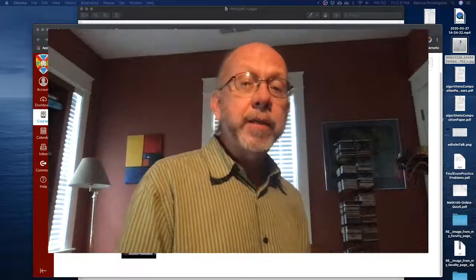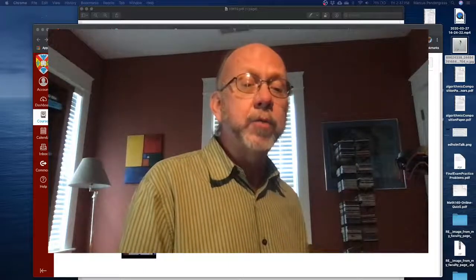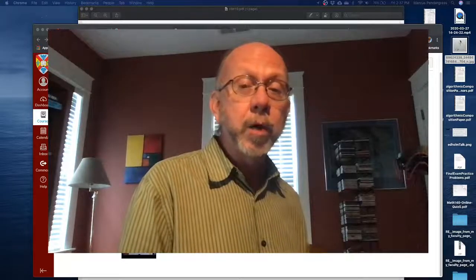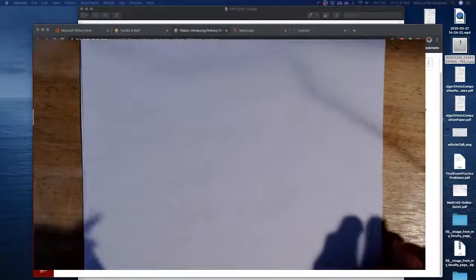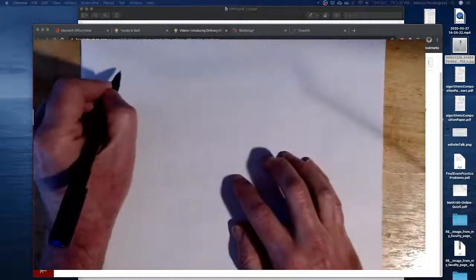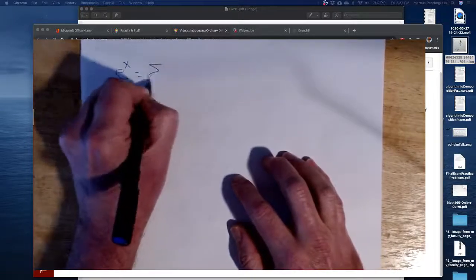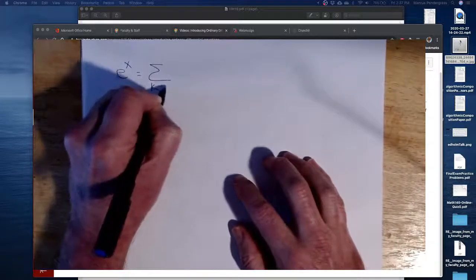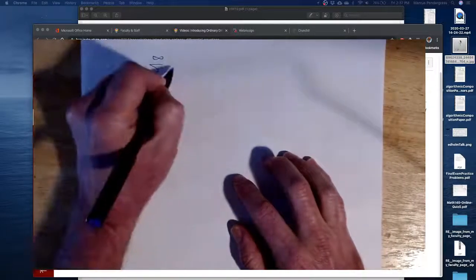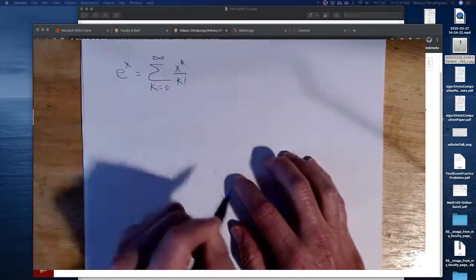There are some basic Taylor series that are very well known and very useful to just have at your fingertips in problems like this. And one of them is for e to the x. And so the Taylor series for e to the x is the summation k equals 0 to infinity of x to the k over k factorial.